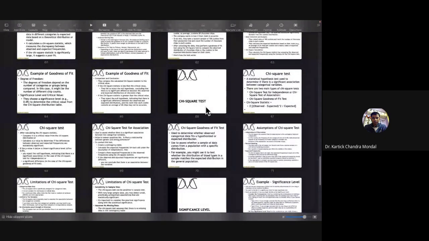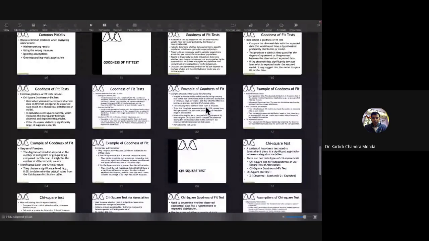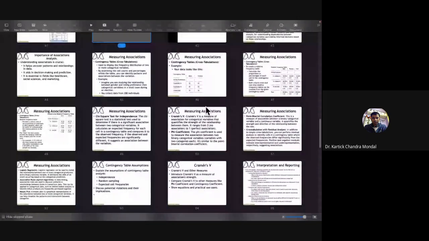We will also evaluate these two values and see the meaning of the significance level and chi-square p-value in terms of categorical variables, evaluating and analyzing them. So let's start with some example first.